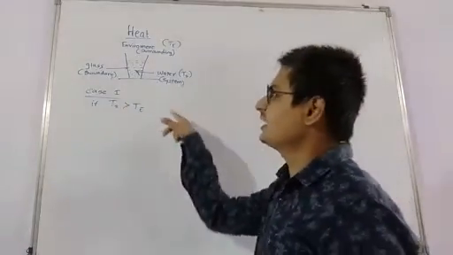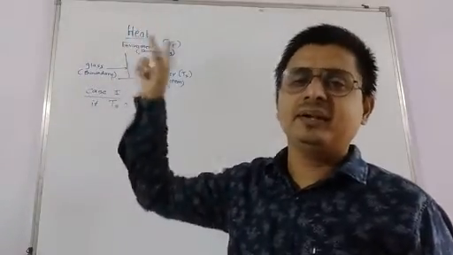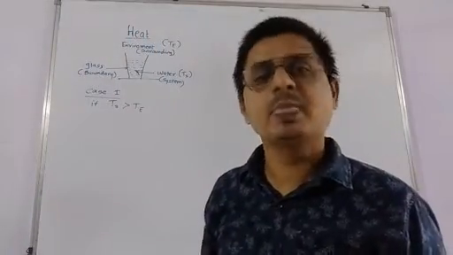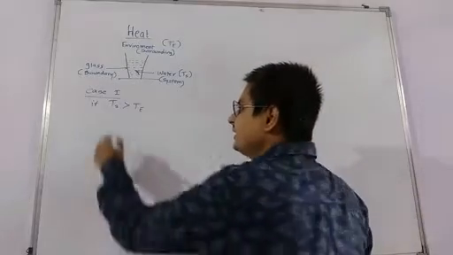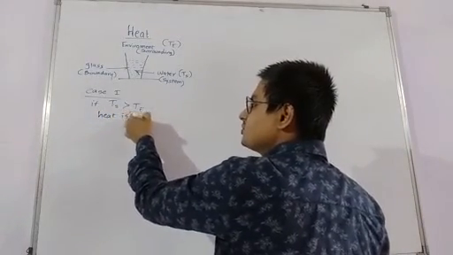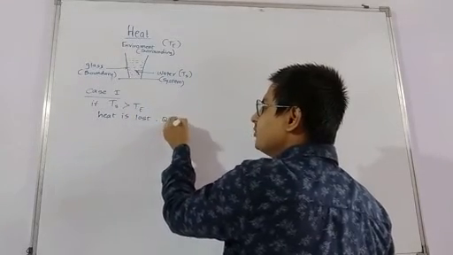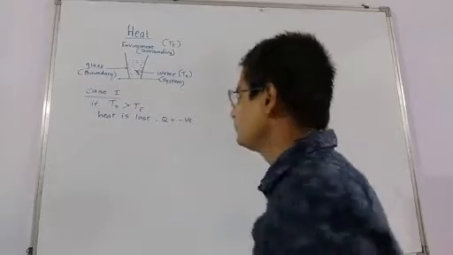What does it mean? The temperature of the system is higher than the temperature of the environment, that is the surrounding. So in that case the heat is lost and we take Q as negative.